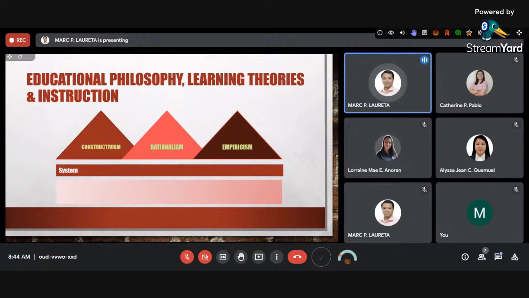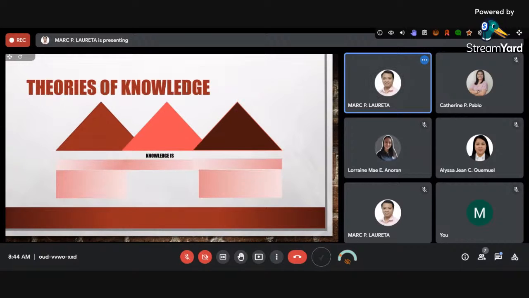Combining with systems thinking, cognitivism, behaviorism, and communication, we are able to devise what we call instructional methods, instructional conditions. Therefore, when it comes to instructional conditions, achieving intended learning, and then the instructional outcome.